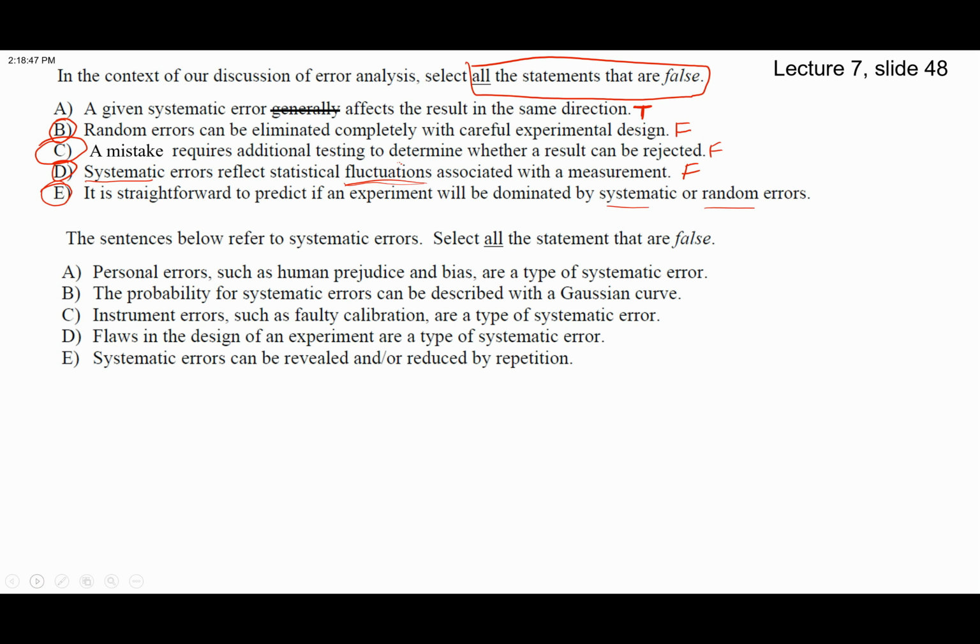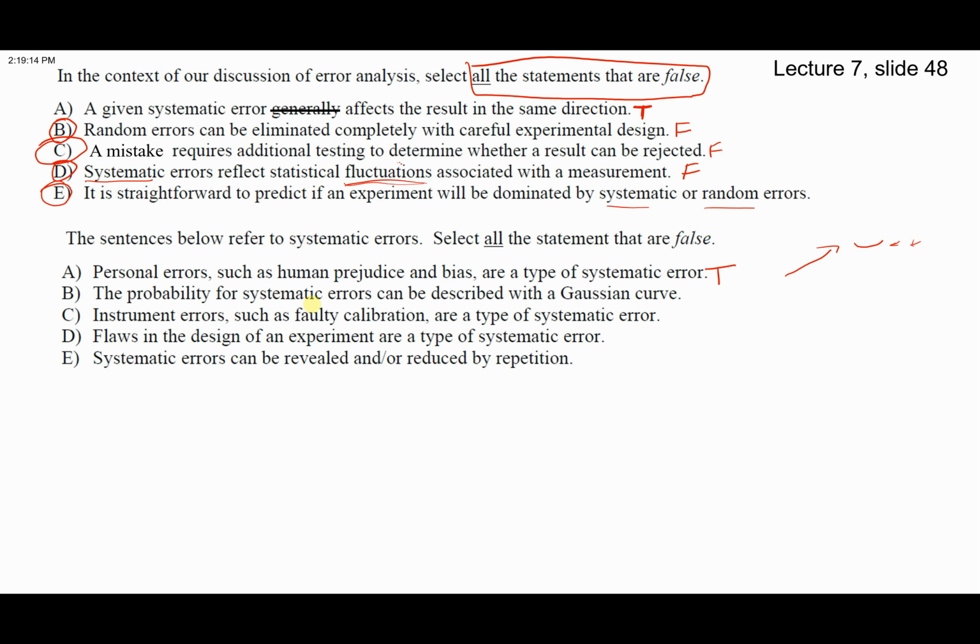The sentence below refers to systematic errors. Select all the statements that are false. Personal errors, such as human prejudice and bias, are a type of systematic error. Yeah, if you're always reading the meniscus looking up, you're inducing a systematic error that you will always read this value a little bit lower than it should be. So that's totally true.